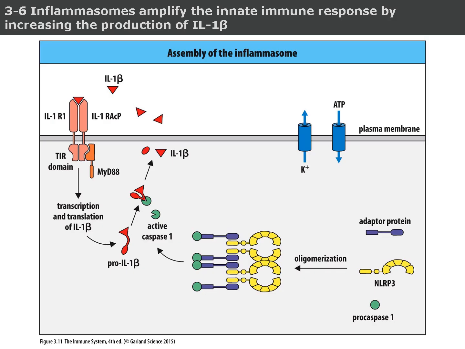This image shows how a structure called the inflammasome helps amplify the body's innate immune response. The process begins when an immune signal binds to a receptor on the cell surface. This triggers events inside the cell that lead to the production of an inactive form of an inflammatory molecule.